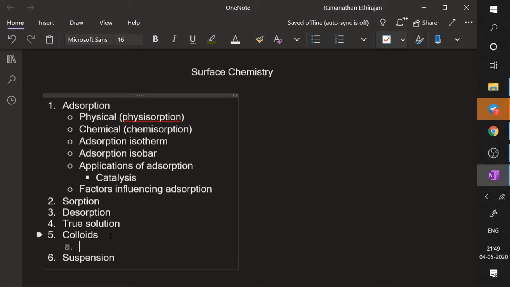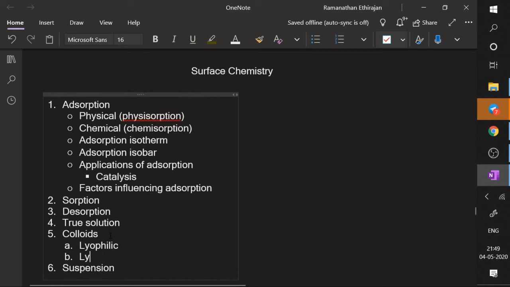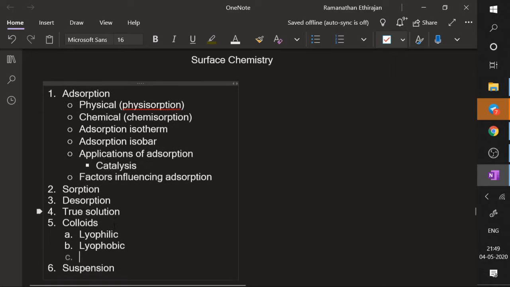We will discuss lyophilic and lyophobic colloids, and we'll be explaining about macromolecular substances also, macromolecular colloids.